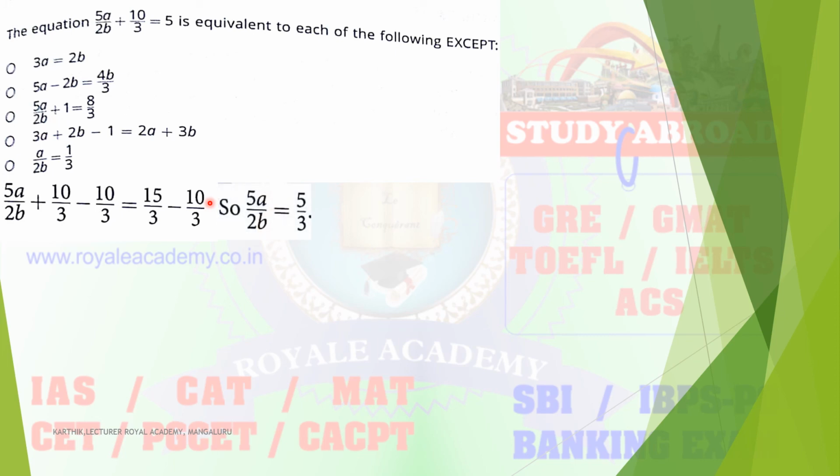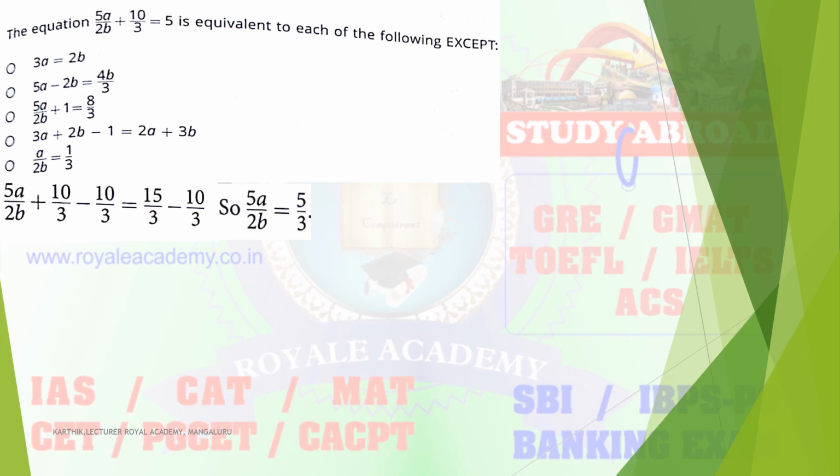Then these terms cancel each other, and the remaining term is 5a divided by 2b, and while taking the common denominator, 5 becomes 15 divided by 3.